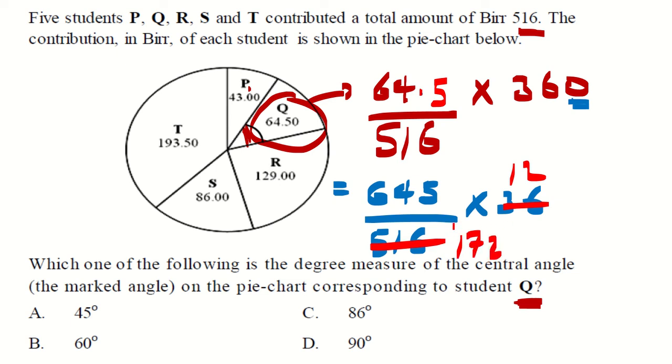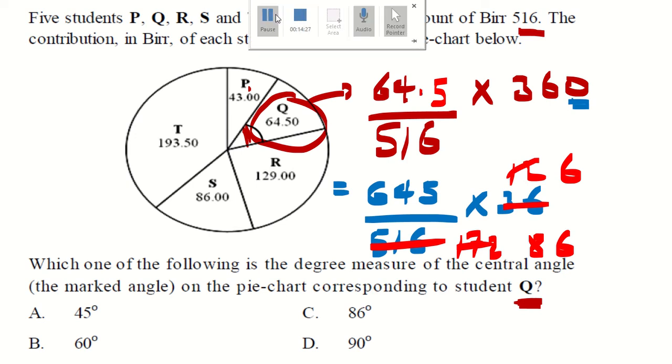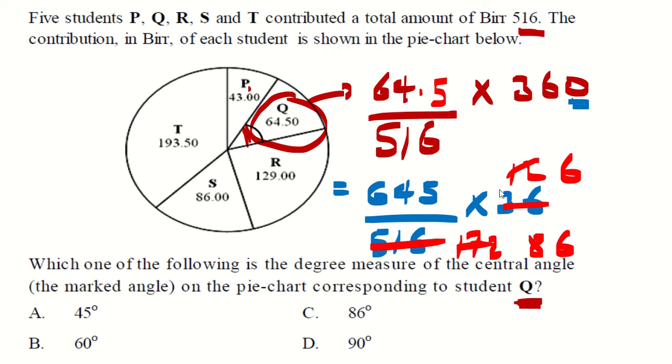Still we can go further by simplifying by 2. By 2 this will be 6, and this will be 86. Let's use the next page here. But 645 can be expressed as a product; first we need to complete the simplification.